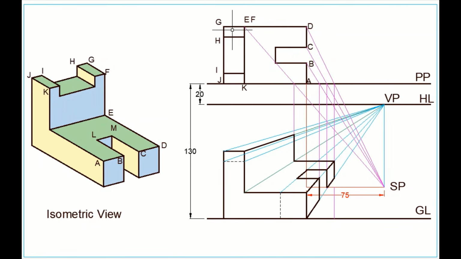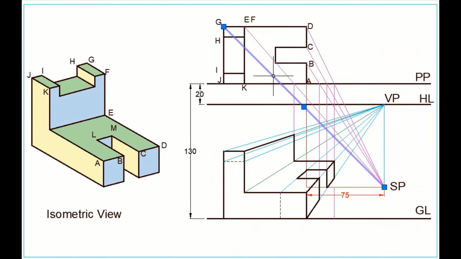So either I can connect G like we did earlier, with the station point, get the piercing point for G, and bring it vertically down. This is one way.